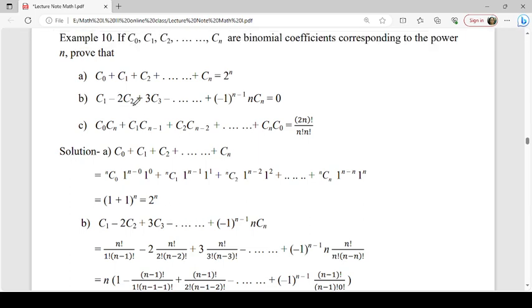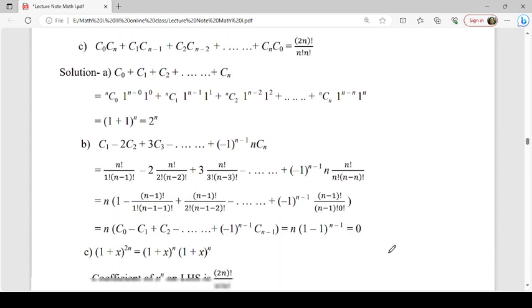Second one, C1 minus 2C2 plus 3C3. So C1 we write nC1. nC1 is n factorial by 1 factorial (n minus 1) factorial, minus 2 into nC2. nC2 is n factorial by 2 factorial (n minus 2) factorial. Now we take n common. Then what do we have?